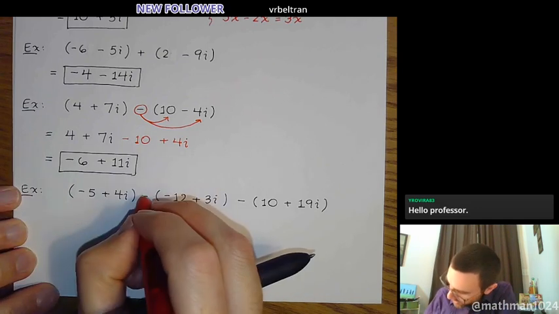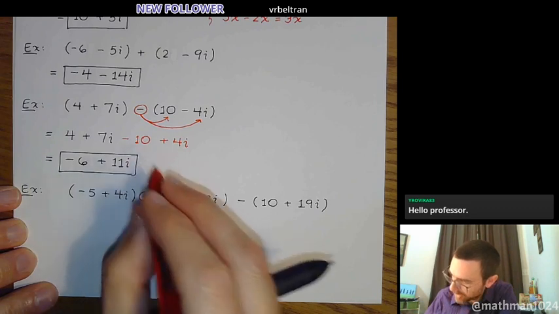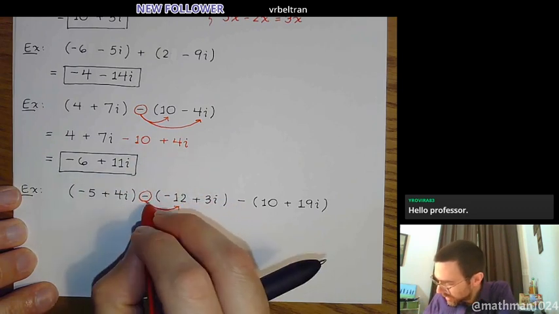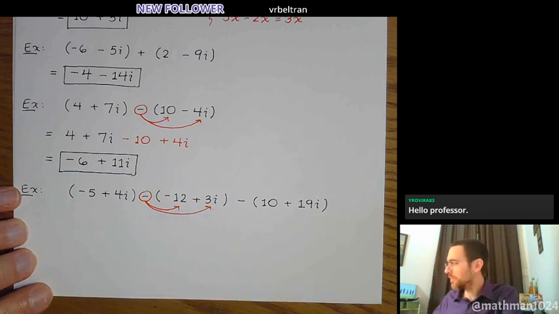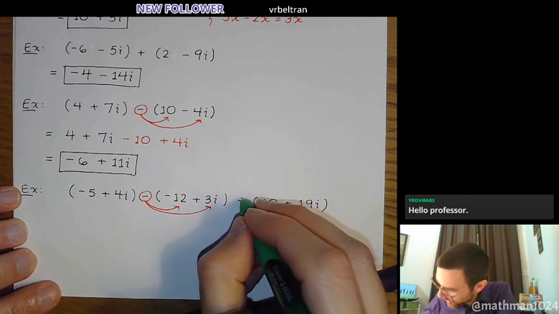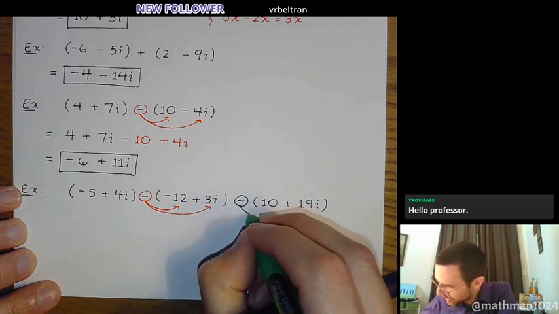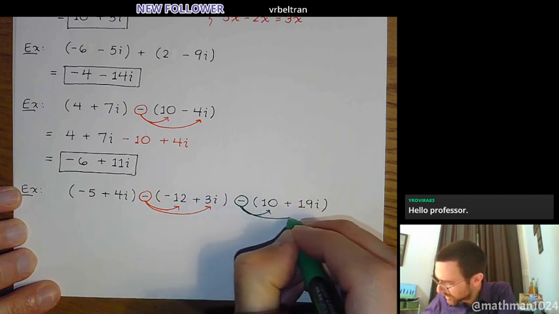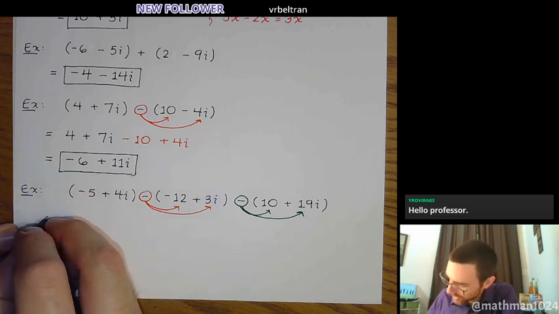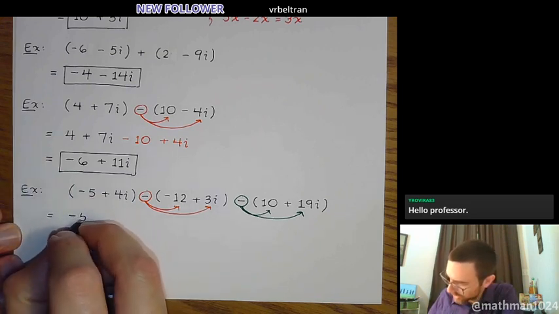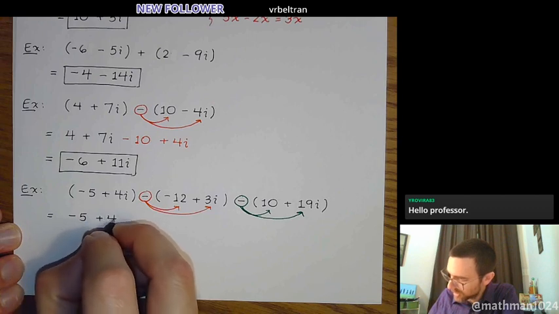We're going to take this negative right here, just like we did above, and we're going to distribute to that complex number. And then we're going to take this negative here, and distribute that to the 10 minus 19i. Alright, so let's write this. I'm going to rewrite this. This is still just negative 5 plus 4i.